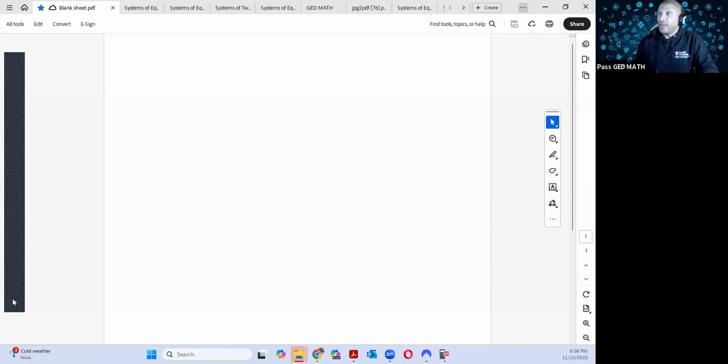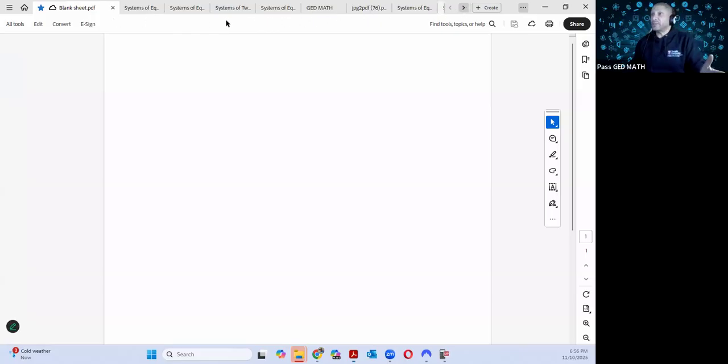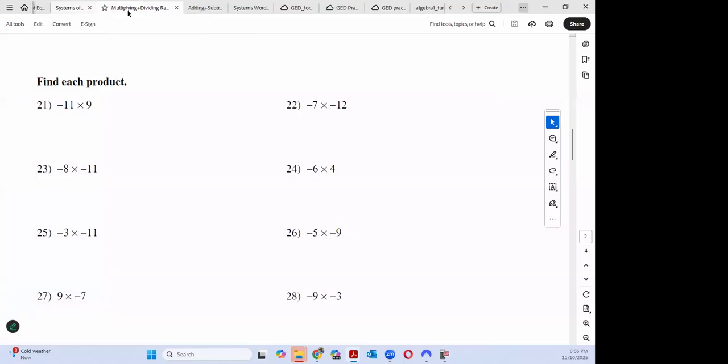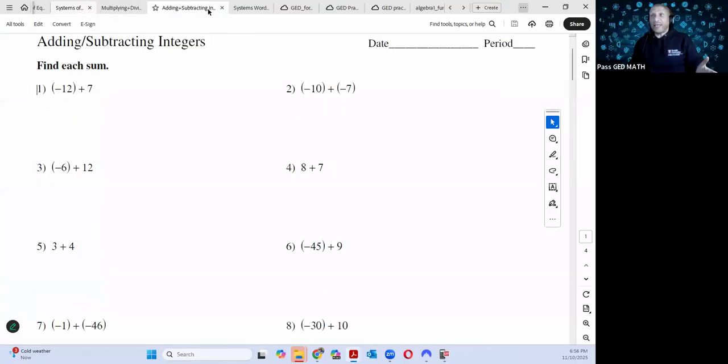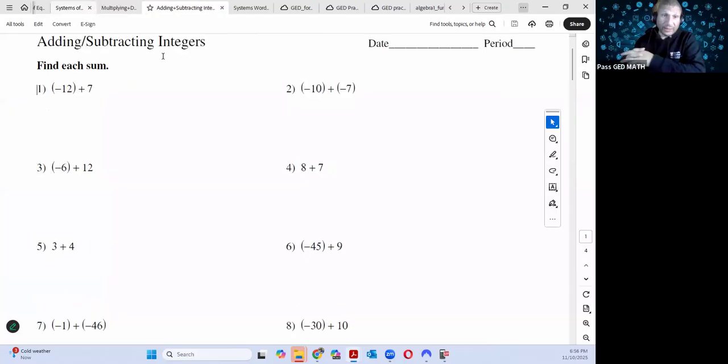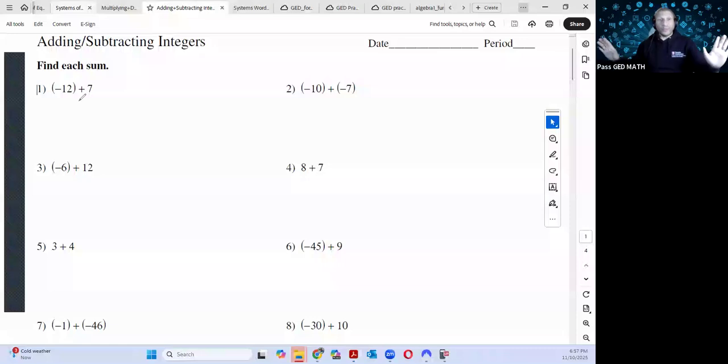So what I'm going to do is send you the linear equations, because people were having issues with multiplying and combining sign numbers. Now they call it adding and subtracting integers. And that's correct, but again, that looks like an addition problem. To me, I'm not worried about that.